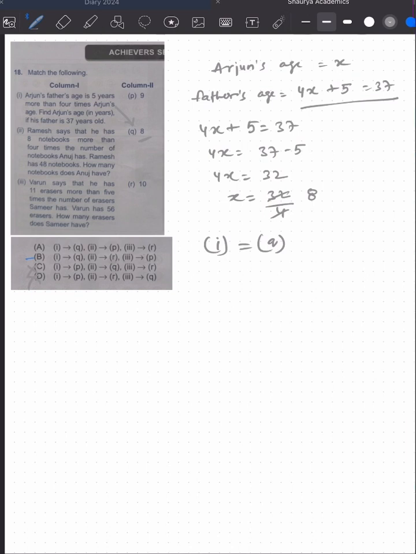So let Anuj have X notebooks, let's assume. Okay, so Ramesh has how many? 8 notebooks more than 4 times the number of notebooks that Anuj has.